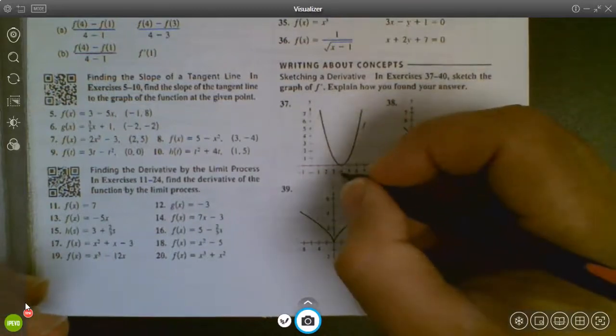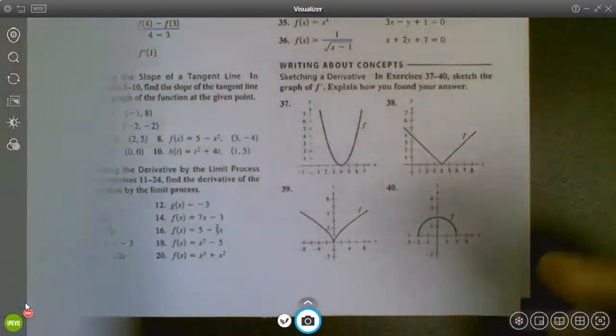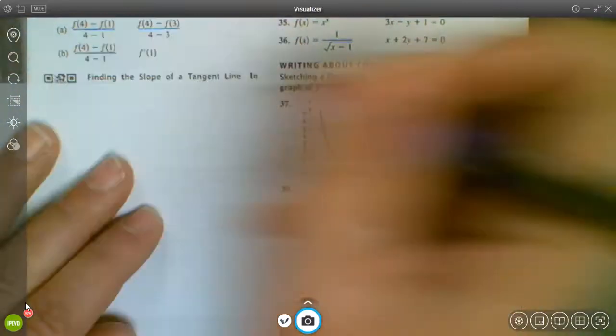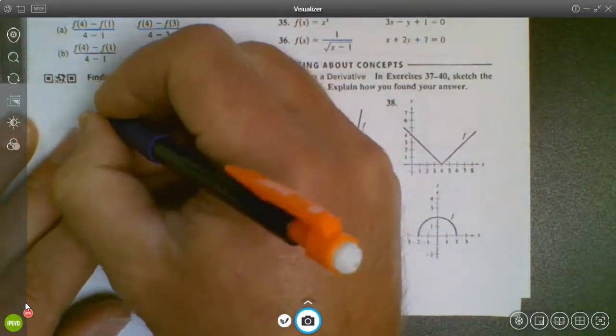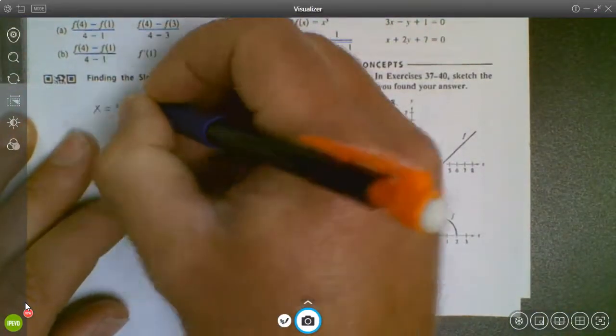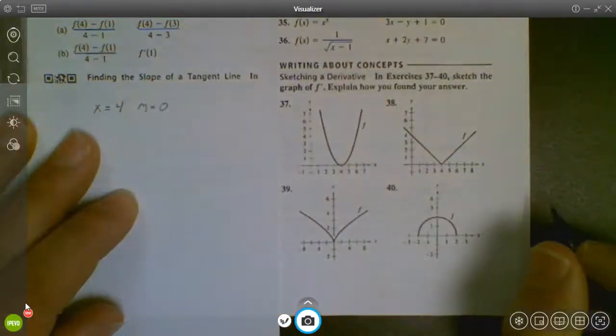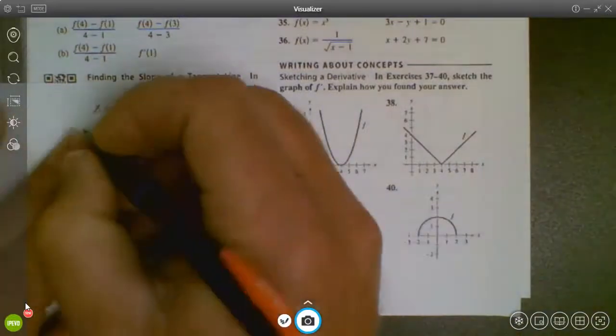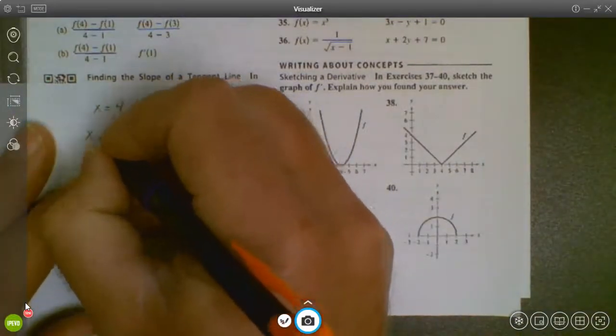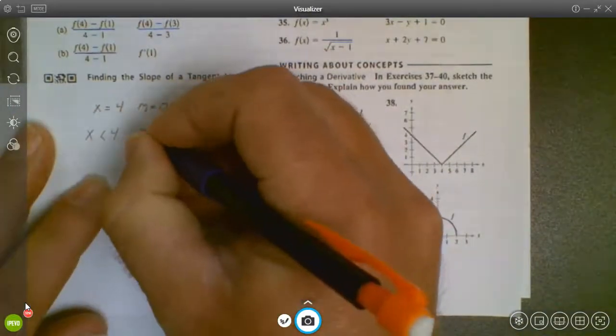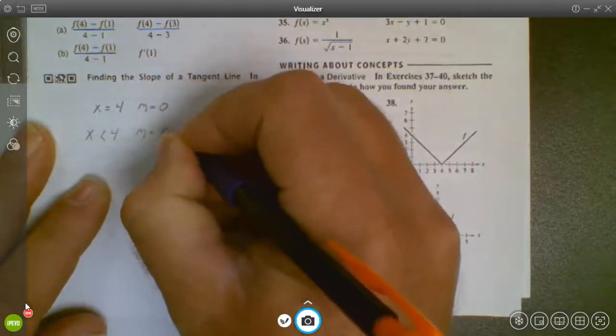So in other words, at 4, let me write on this so I don't write all over this page. So at 4, where x equals 4, I can see that my slope is 0. Everything to the left of 4, where x is less than 4, I'm seeing slopes that are negative.